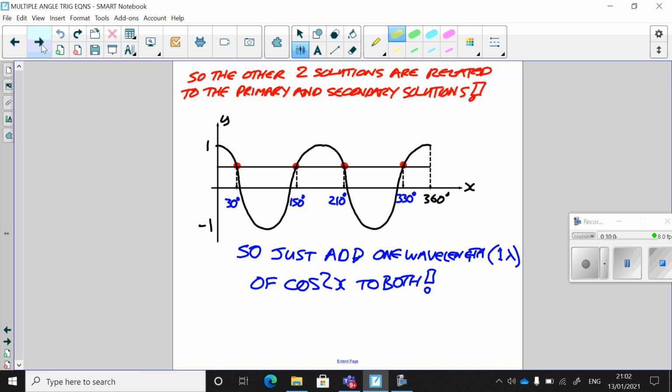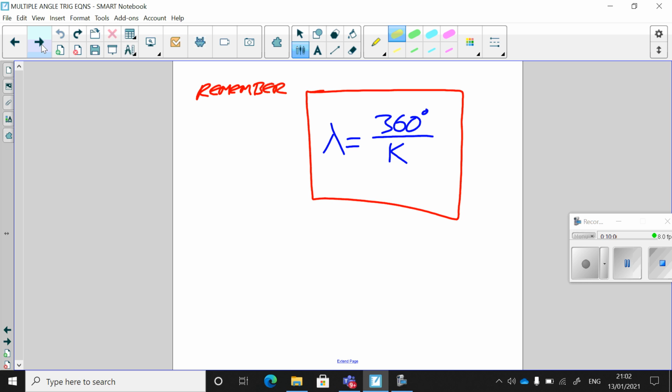Right, okay. It says remember here, but whether you remember it or not, I don't know, you might have been listening in class. Lambda is 360 divided by k. K is the number in front of x. We had cos 2x. So 360 divided by 2, we get 180.